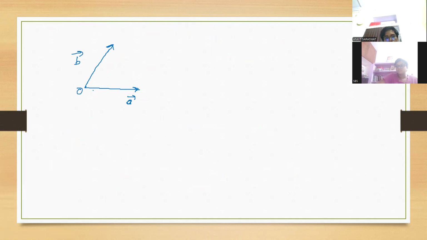Let us suppose this is O. You can say this is A, this is B. You can say OA vector is A vector, OB vector is B vector. Clear?